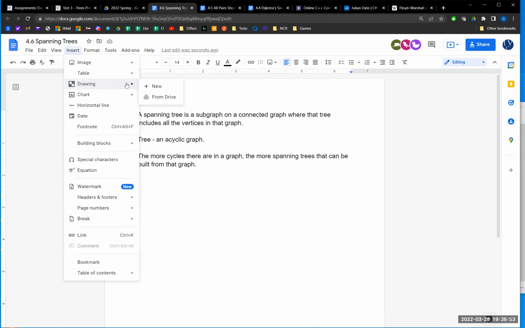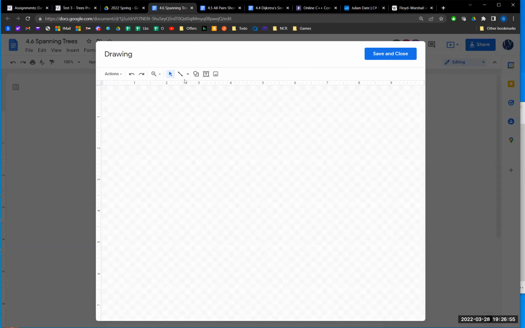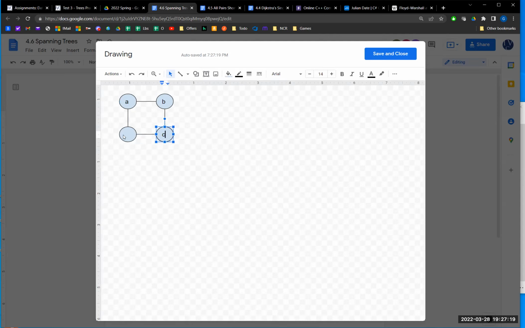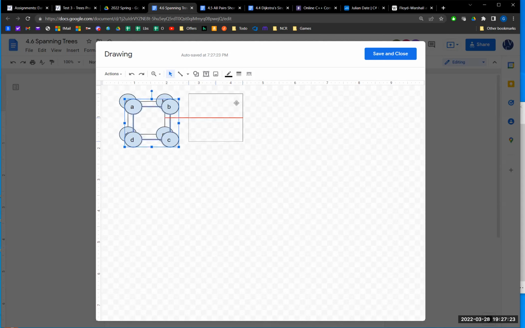So if we start with a simple 4-vertex cycle graph, there are several ways that we can turn this into a spanning tree.